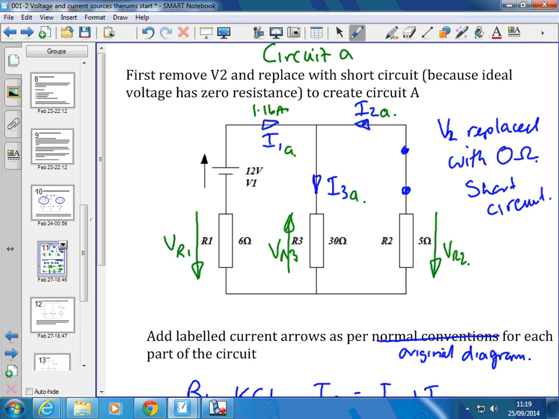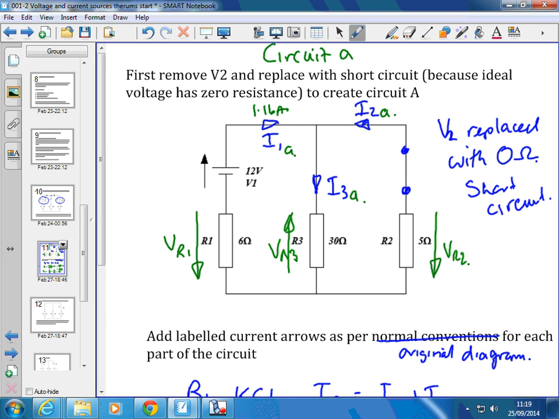So we're finding one portion of the current here, remember? Finding just the portion due to that battery. We then got to go through this process again for the other battery, and then we'll end up with an I1A and an I1B that we add together to get the total I1 in the original circuit.